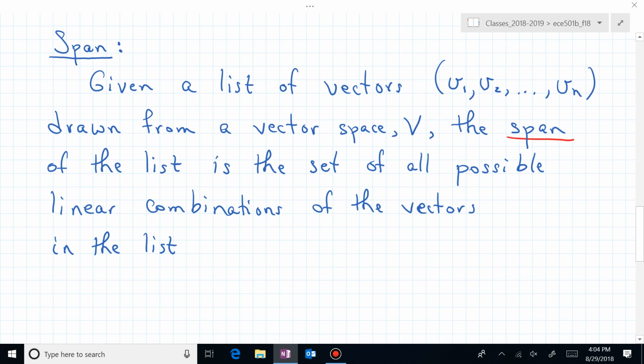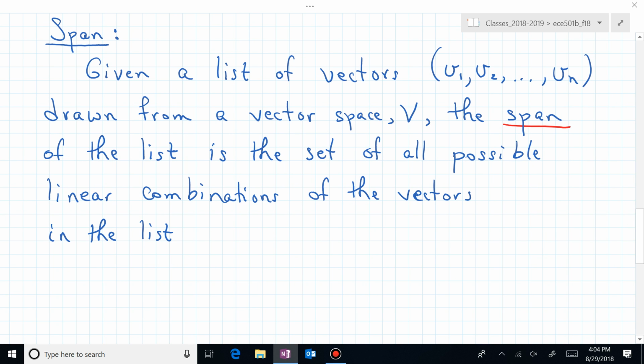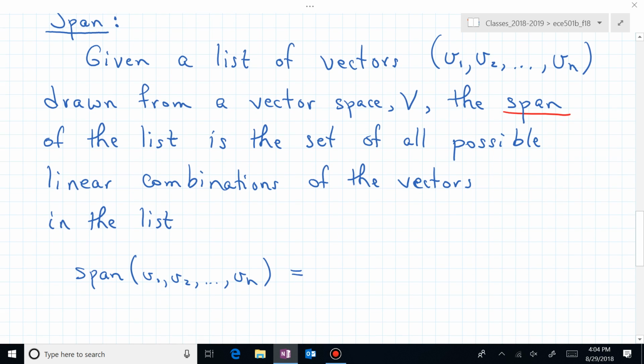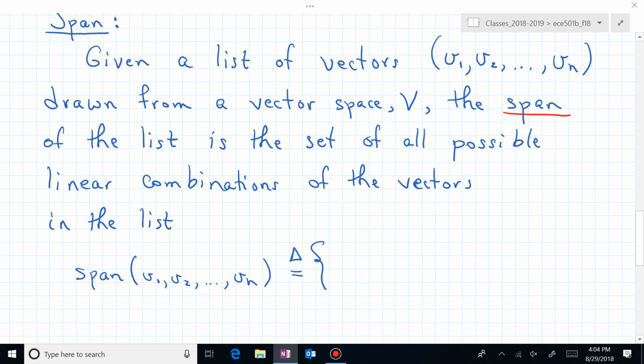And that means then that when we say span, what we're meaning is, if we have the span of this list of vectors, v1, v2, up to v sub n, then it's defined to be some multiple a sub 1 of the first vector, v1, added to a multiple of the second vector, and these a's are coming from the field of numbers over which these vector spaces are operating.